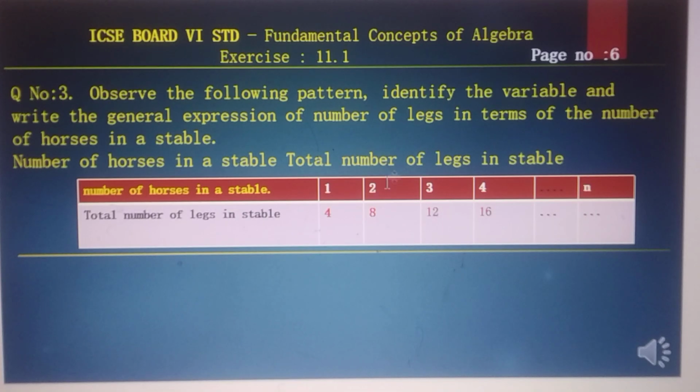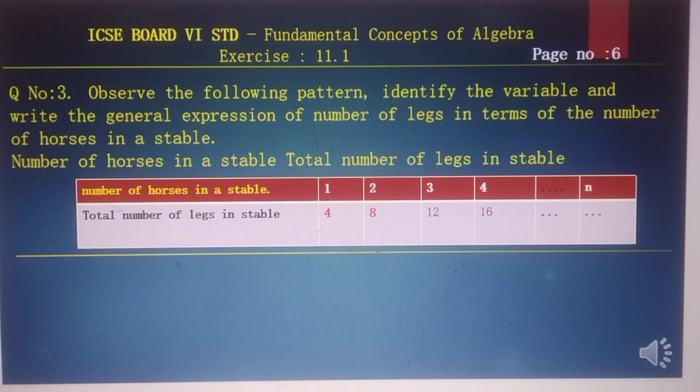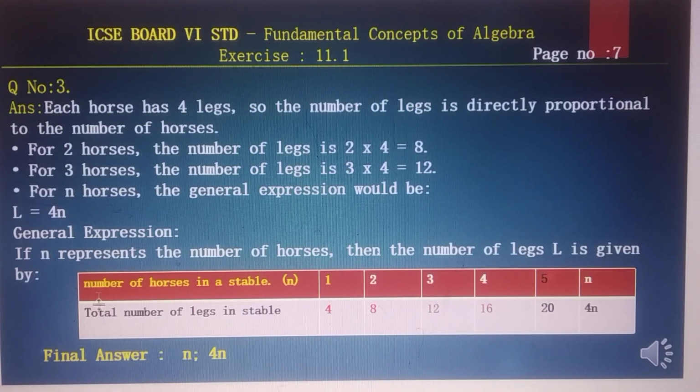And question number 3, the same way. Here each horse has 4 legs, so the number of legs is directly proportional to the number of horses. For 2 horses, the number of legs is 2 into 4 equals 8. For 3 horses, the number of legs is 3 into 4 equals 12.